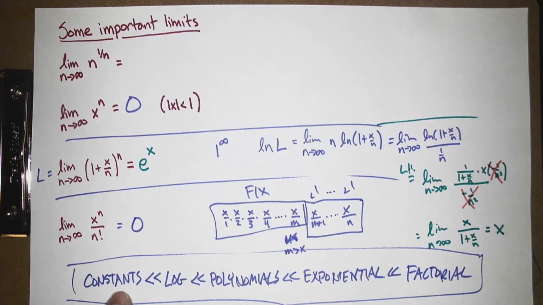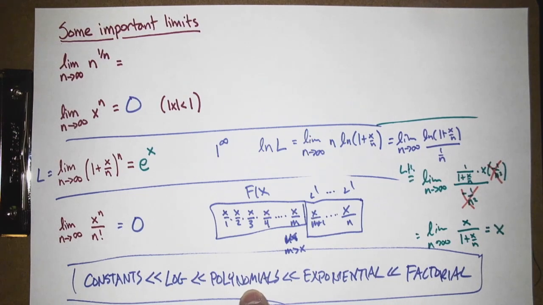So constants do not get to infinity at all. That's part of their name. They're constants. Logs get to infinity very slowly. They drag their heels, kicking and screaming. Polynomials, they do okay. So these are powers of x. Exponentials, something to the power x. Factorial. This is not necessarily a complete list, but this is the types of functions we'll see in this class.